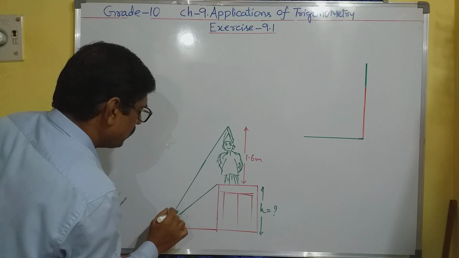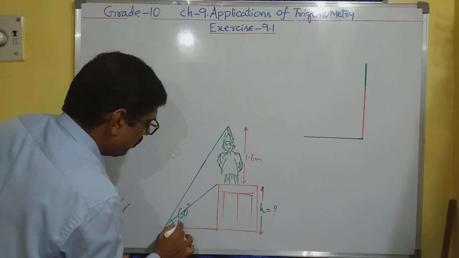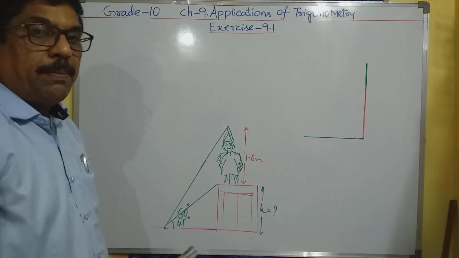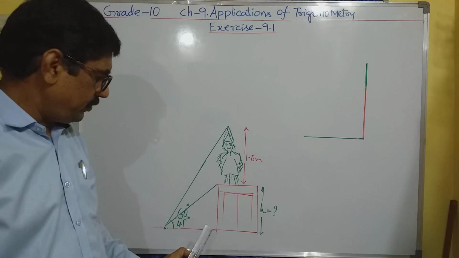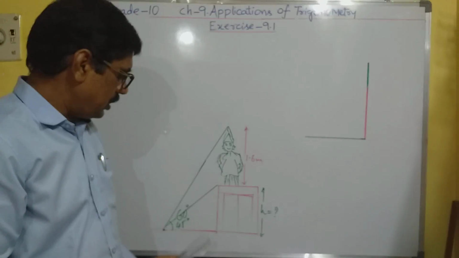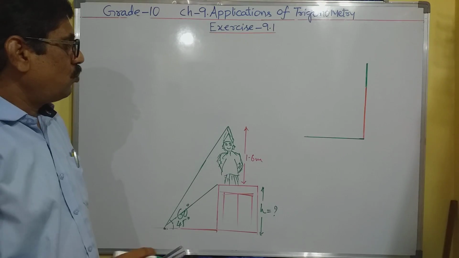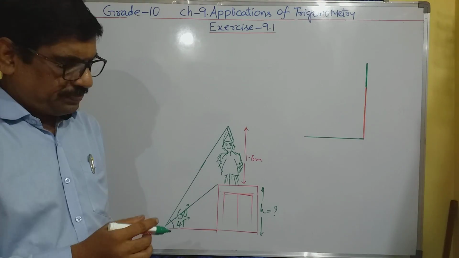The total angle is 60 degrees, and when he looks at the bottom of the statue, that means the top of the pedestal, the angle is 45 degrees. So this is the information.